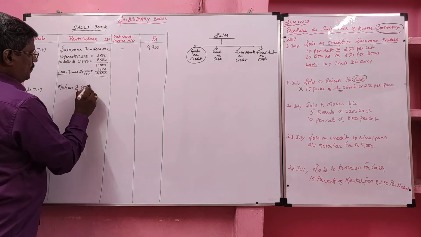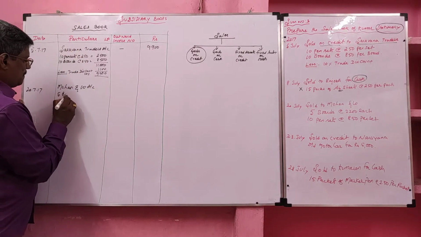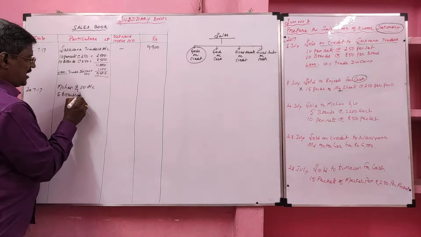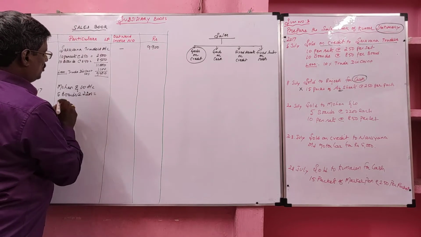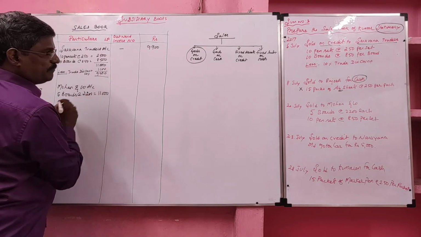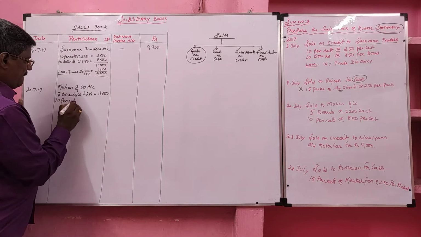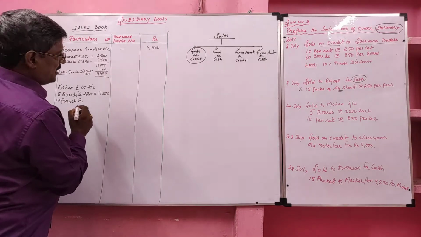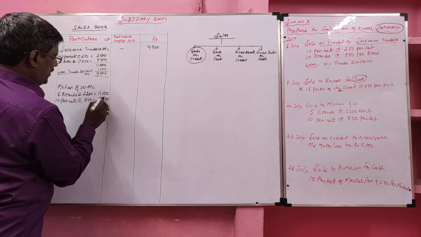Mohan and Co. Count what they sold: 5 boards at 2,200 each, so total 11,000. Then 10 pen sets at 850 each, so total 8,500.